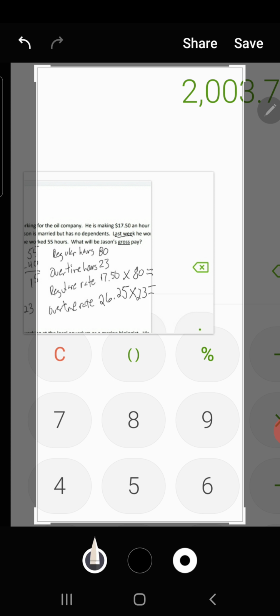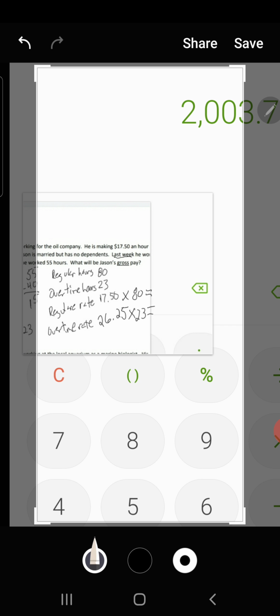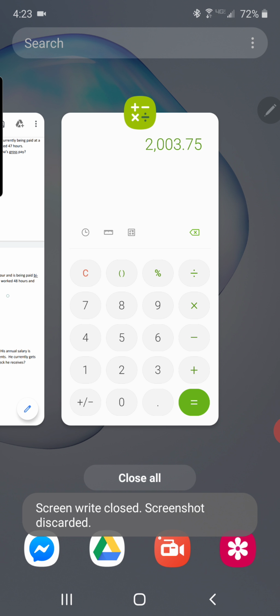So once again, his regular rate, he made $1,400. His overtime rate, $603.75. So altogether, like we found, he made $2,003.75. That will be his gross pay that he takes home. All right, next one.